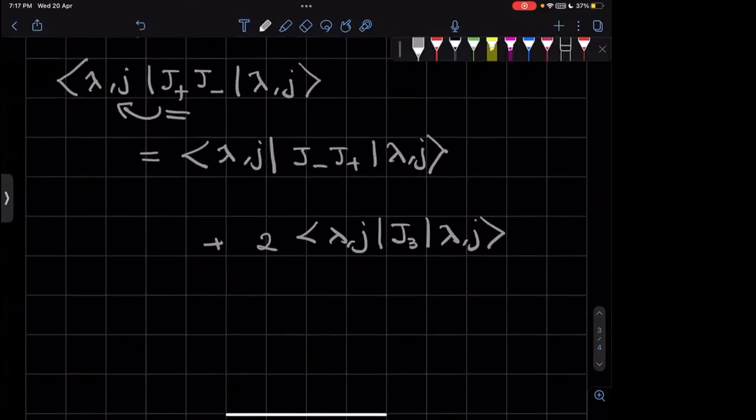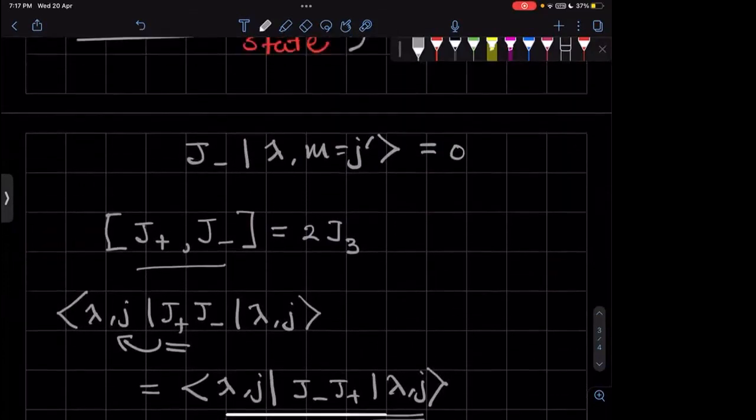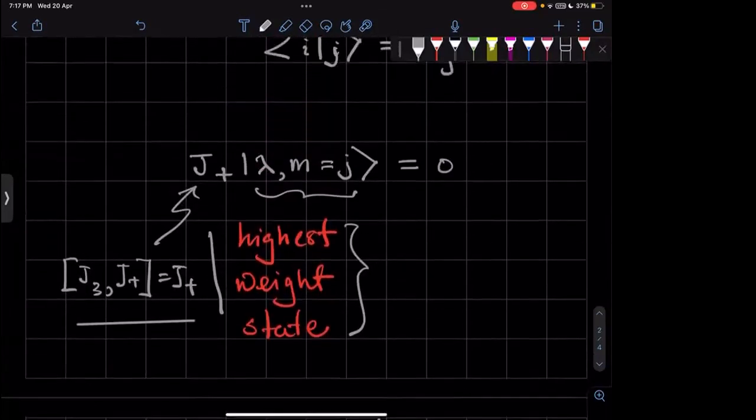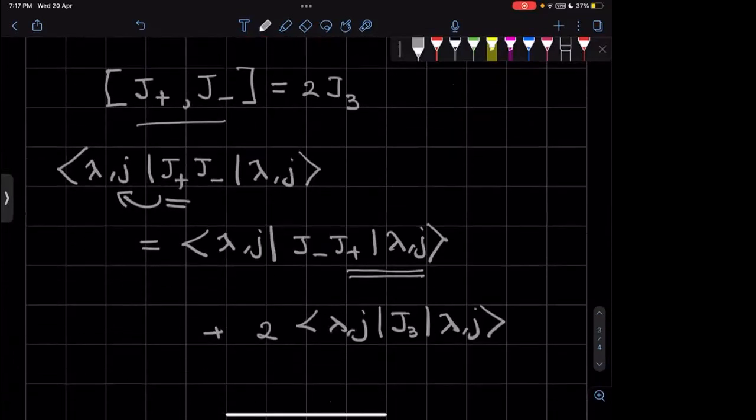But J plus acting on the highest weight state should give me 0, because this is the maximal weight state.